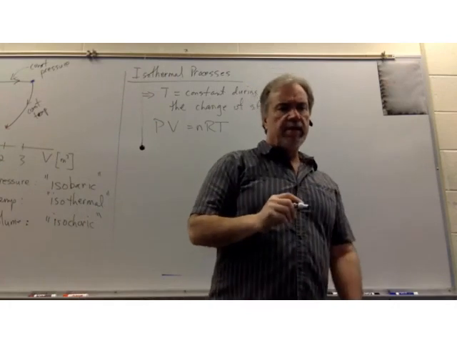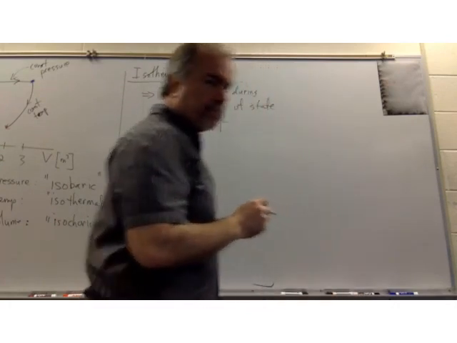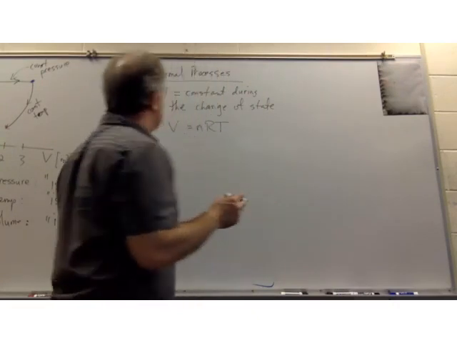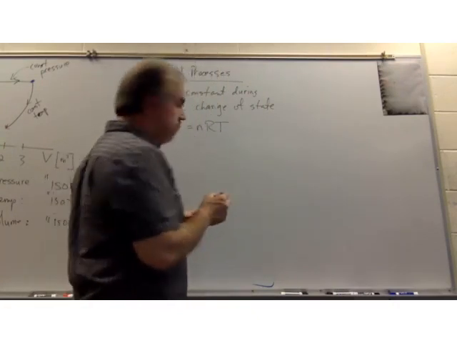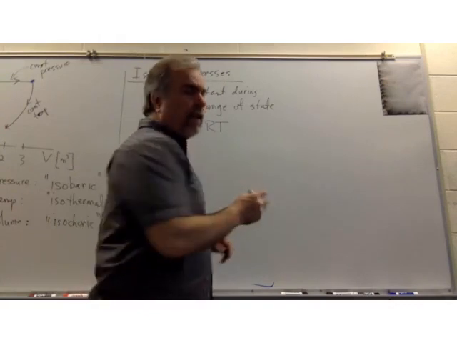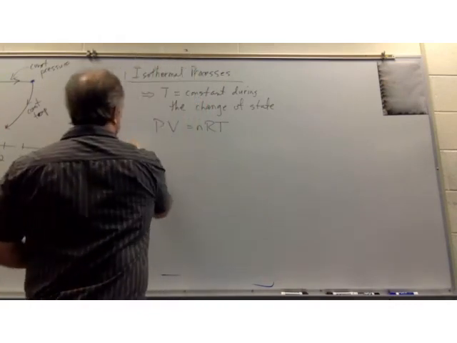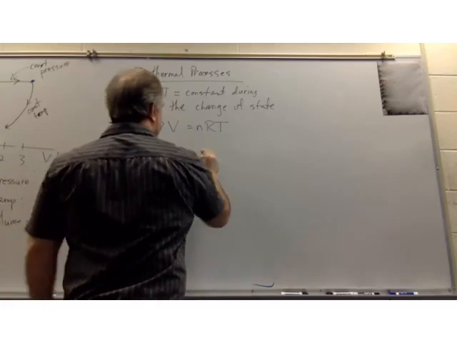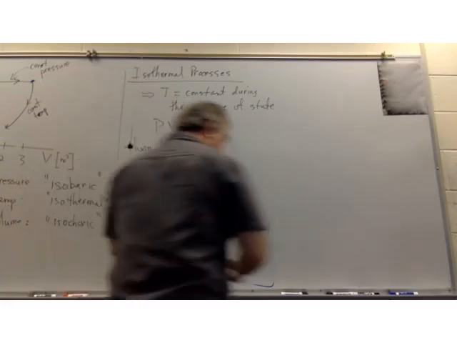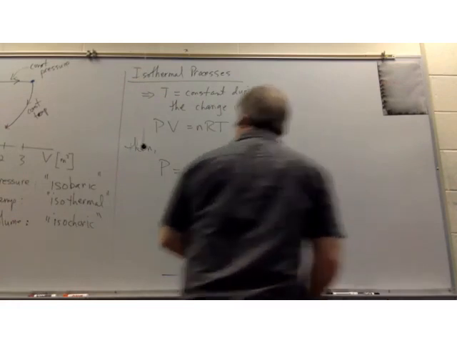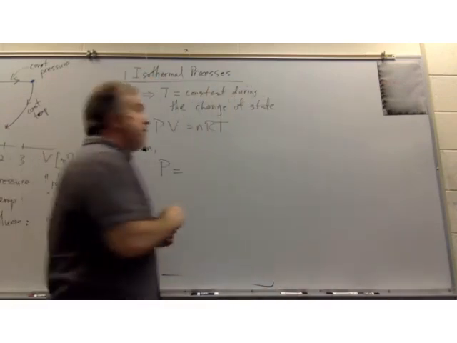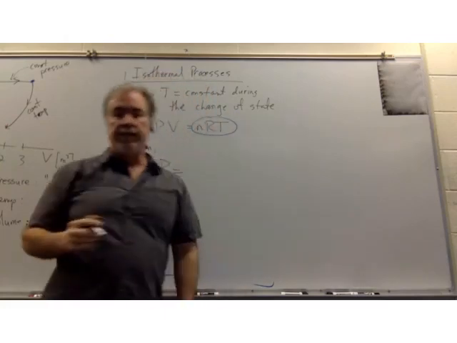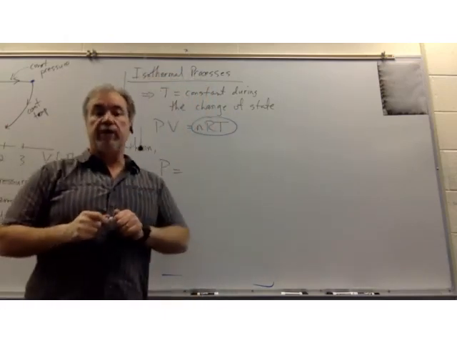Then the pressure is related to the volume. The changing pressure is related to the changing volume. What's the mathematical relationship? Well, n, we are assuming that the number of moles that we have inside of our container is going to be constant.